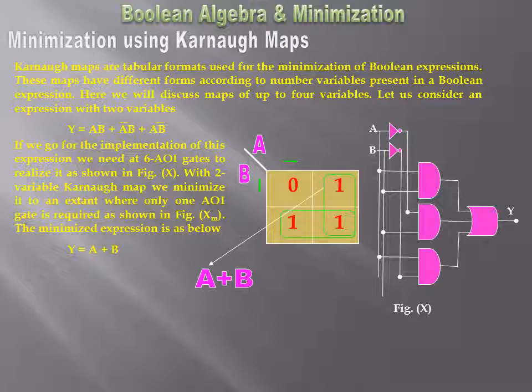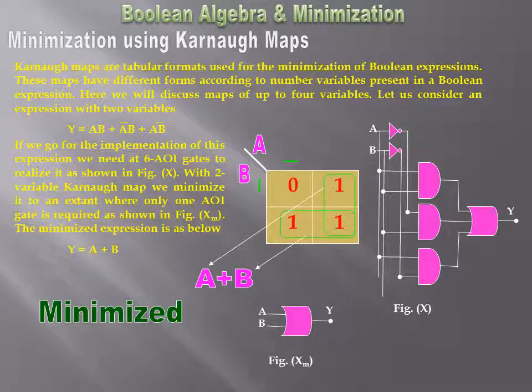So this expression is minimized by this Karnaugh map by having only two pairs covering all ones. So the simple solution is A or B. If we implement it, it is a simple OR gate.